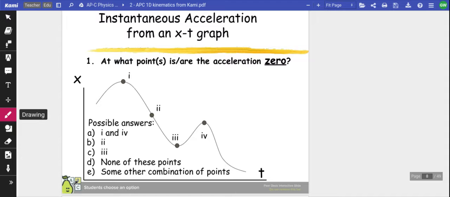The answer is 2. Why is that? Because the velocity before point 2 and the velocity after point 2 are almost exactly the same. The velocity on a displacement time graph is the slope, and the slope really didn't change. So it's point 2.